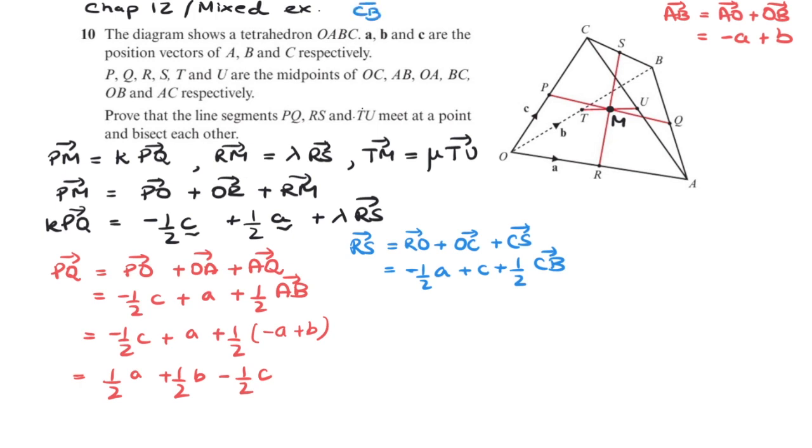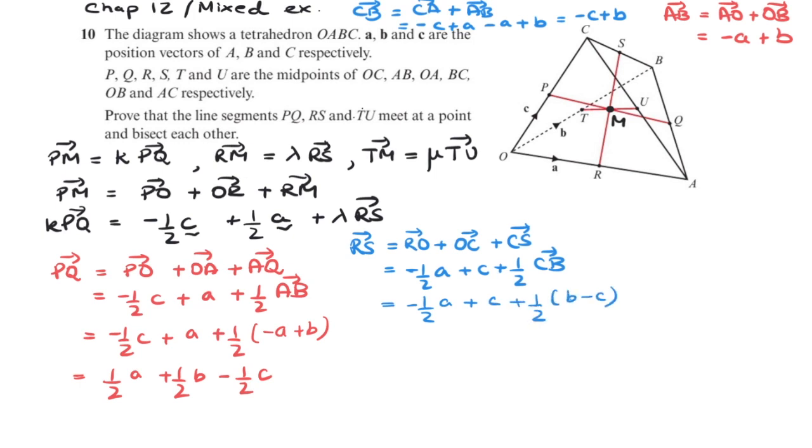CB can be written as C to A plus A to B, and that is minus C plus A, then minus A plus B, which we have already found. In other words, it gives you minus C plus B as CB. So let's put that down as well: half of A plus C plus half of CB, which is B minus C.